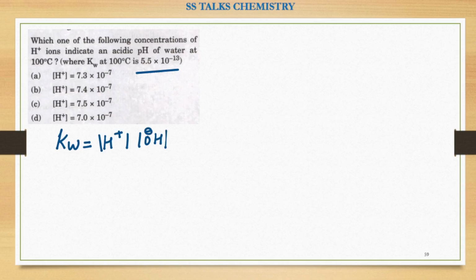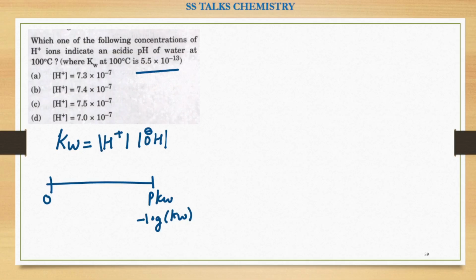We also know the pH meter that you have is, in actual, not 0 to 14; it is 0 to pKw. So pKw is nothing but the negative log of Kw.